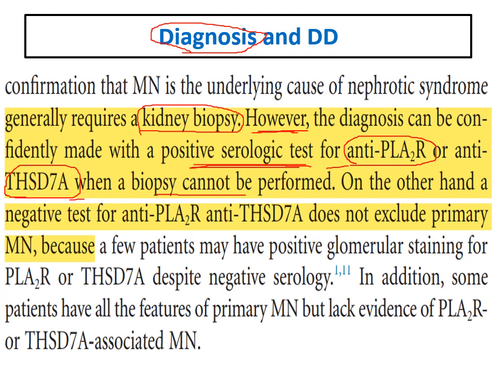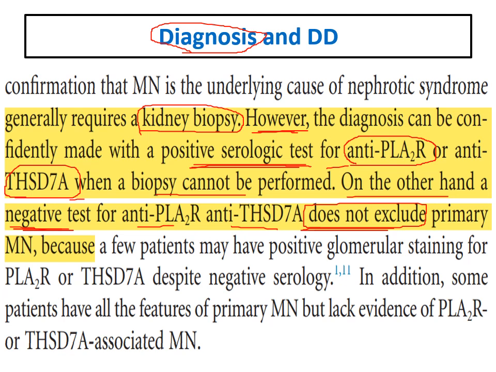On the other hand, a negative test for these antibodies does not exclude primary membranous, and this is very important. If we ask for antibodies for anti-phospholipase A2 receptor or anti-thrombospondin and the result comes back negative, this does not exclude primary membranous, because these antibodies have a low sensitivity but high specificity.